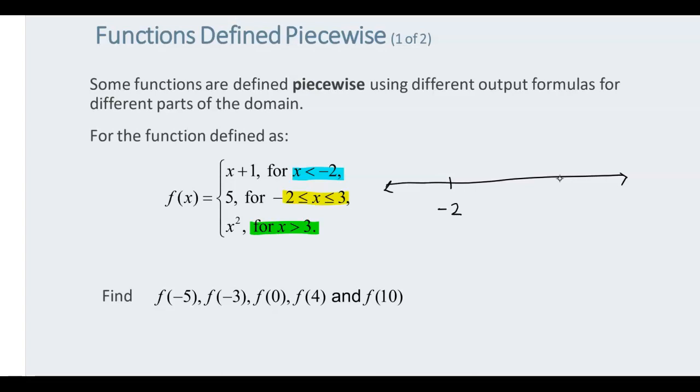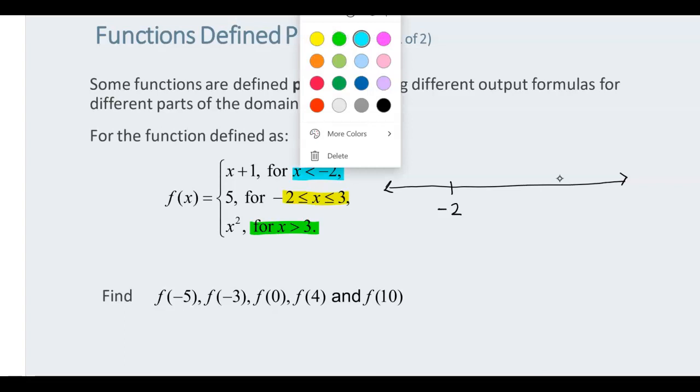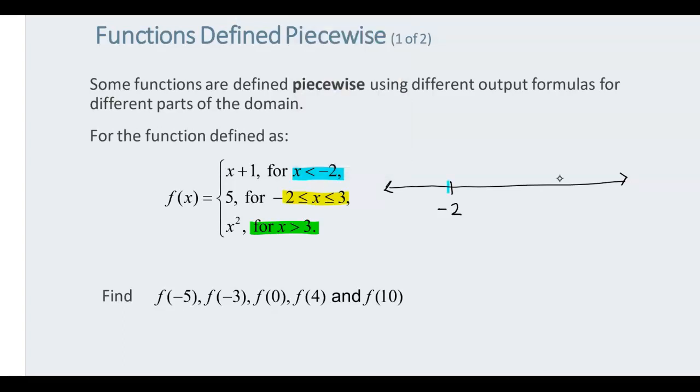And we're not including the point -2 in the first portion of this. So we're going to have blue anywhere the function is going to be less than -2.